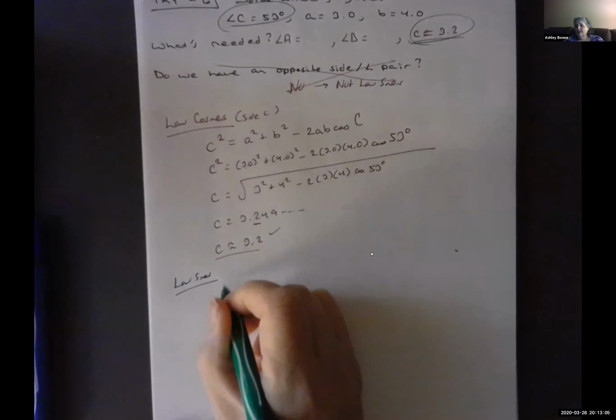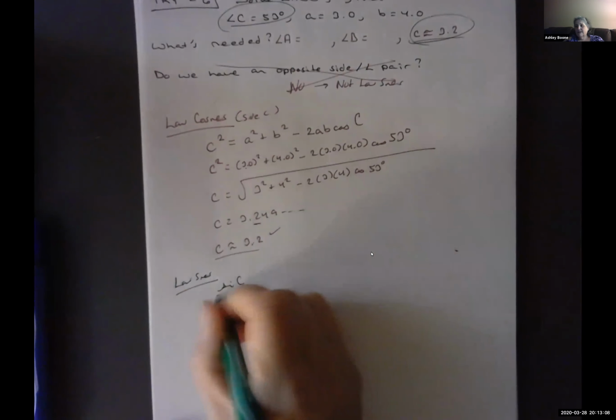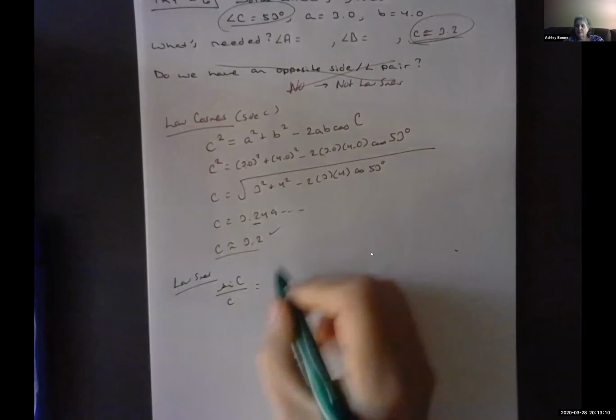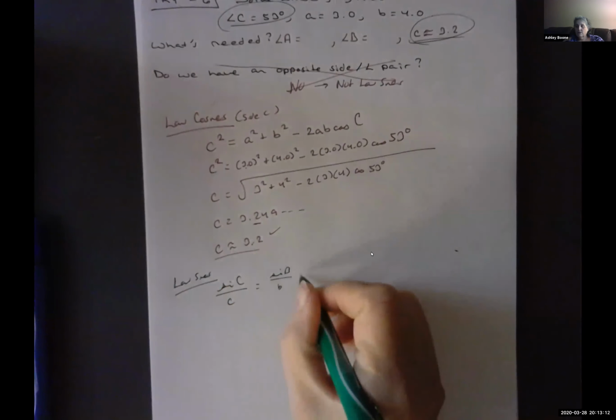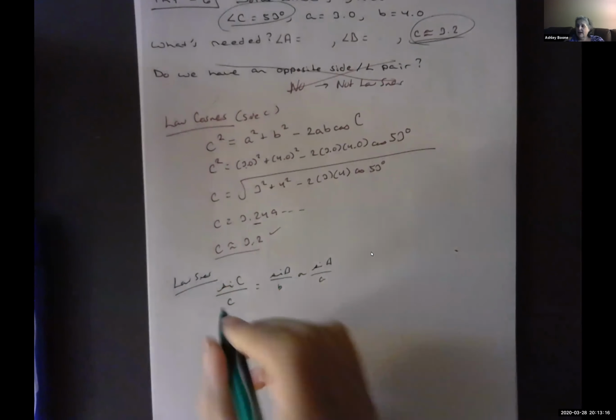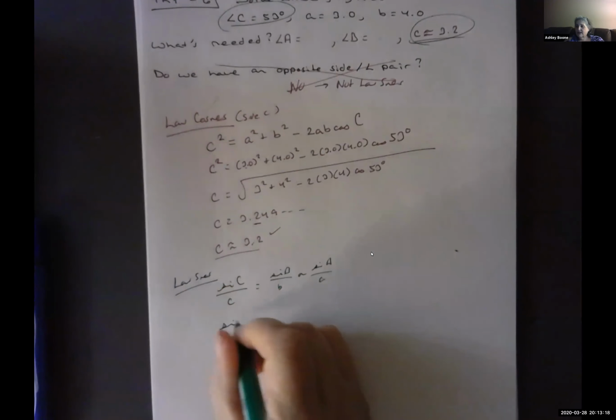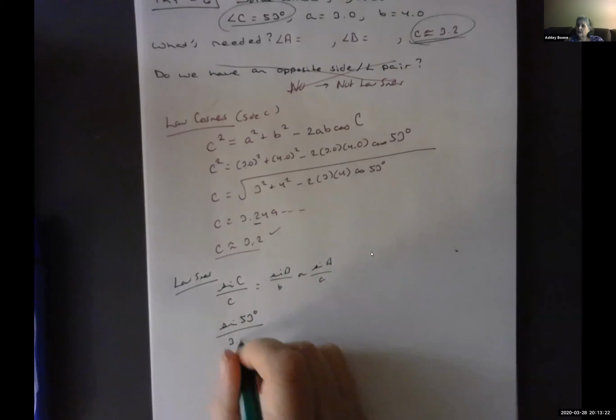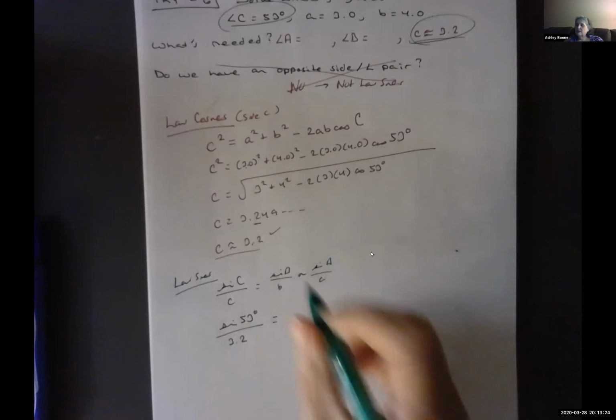We know that we can go sine of C is to C as, and we could do either the sine of B is to B or the sine of A is to side A. I know angle C is 53 degrees. So that sine of 53 degrees is to the side 3.2 as, well, let me do the B's.